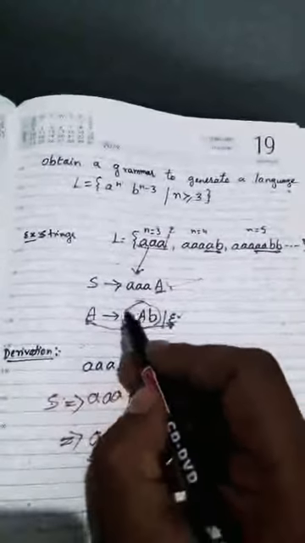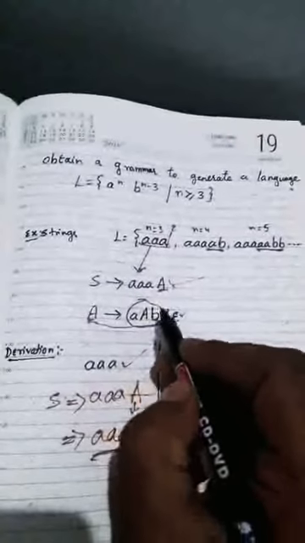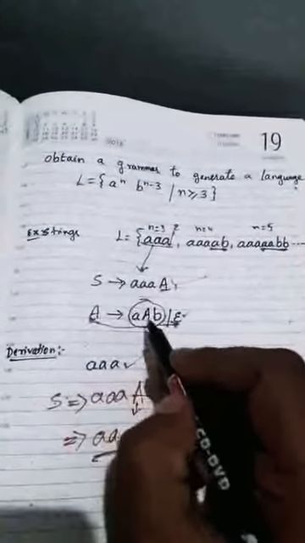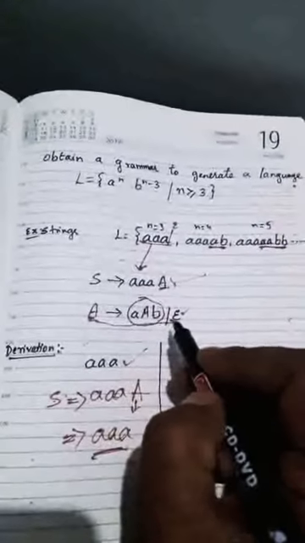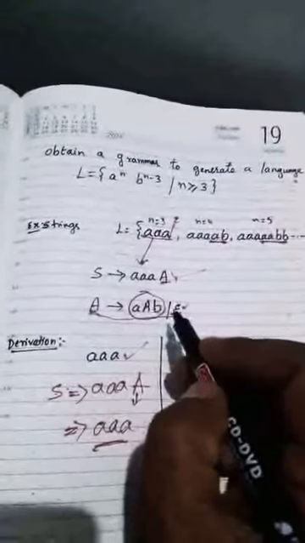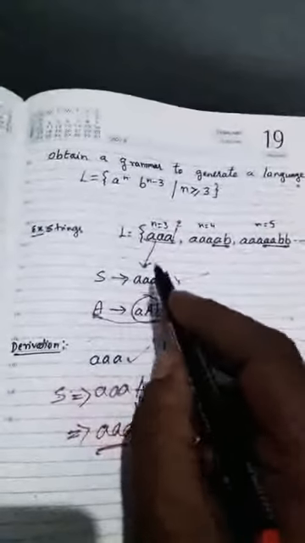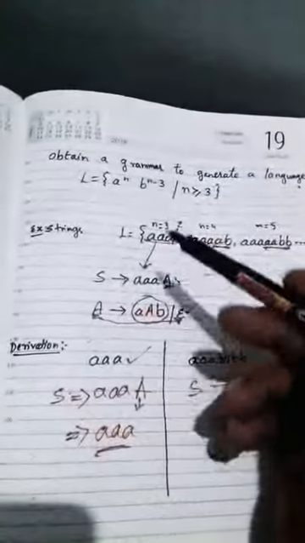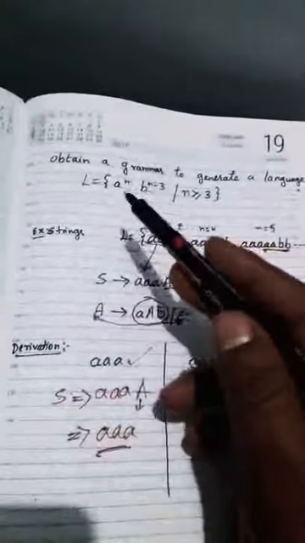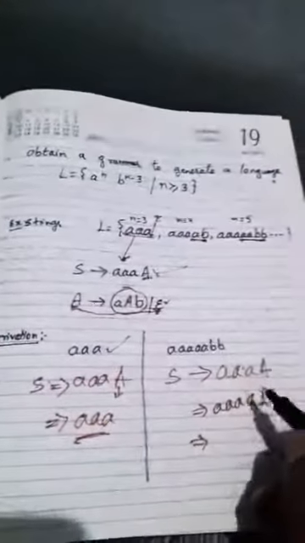You will get an equal number of a's followed by an equal number of b's, where A can be replaced with epsilon later when you are ending it. So I am using that production in this. I have added the first production to get 3 extra a's.